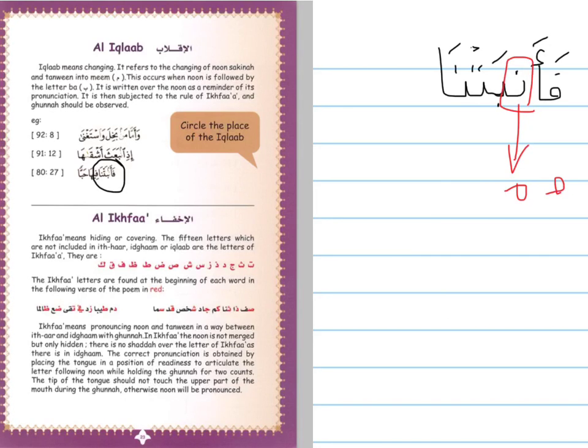So what we end up saying is fa-mbatna, and that's what we mean by Iqlaab, that this N sound here gets transformed into an M sound. So we say فَأَنبَتْنَا فِيهَا حَبًّا.